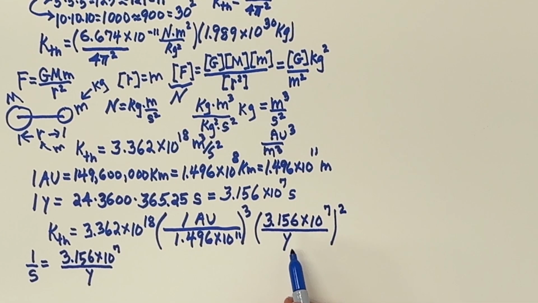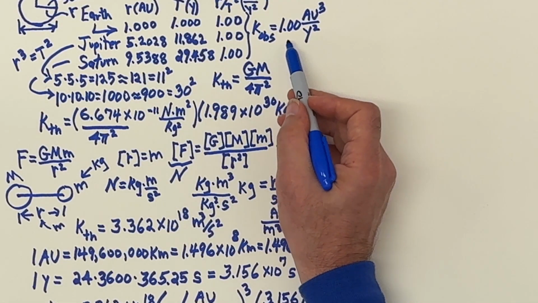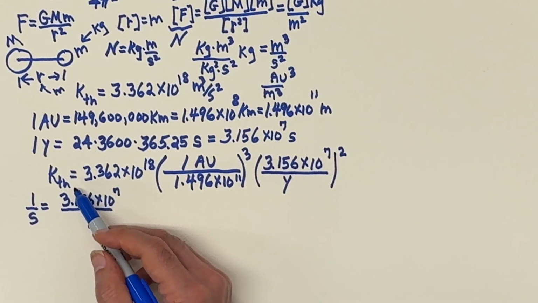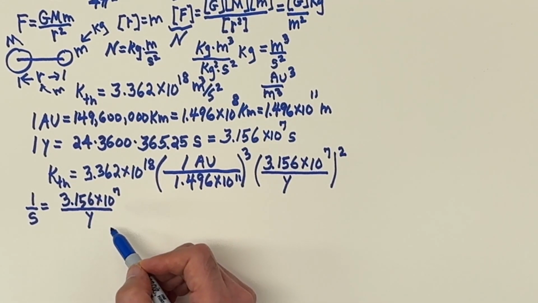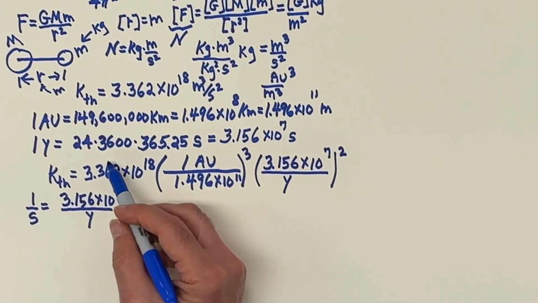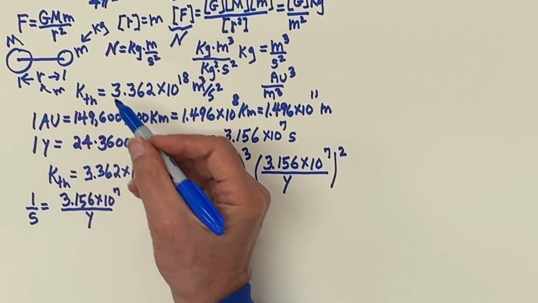And that's it. Now, what am I supposed to get here? Well, since I have AU cubed over year squared, I hope that we're going to get 1, since that's the observed value, and this is the value calculated by Newton's law of motion, F equals ma, and Newton's law of universal gravitation, the force here.